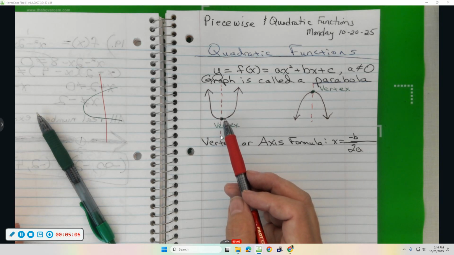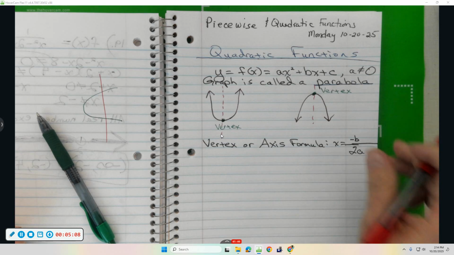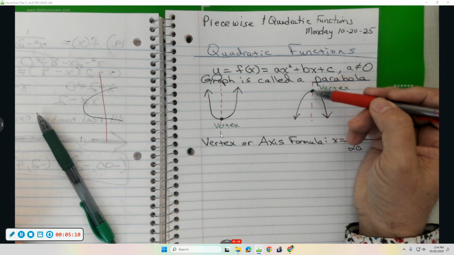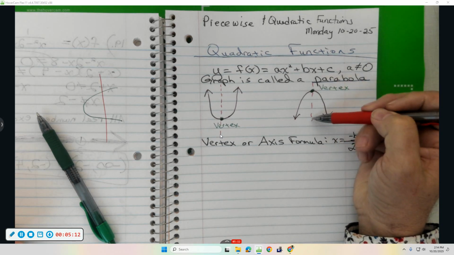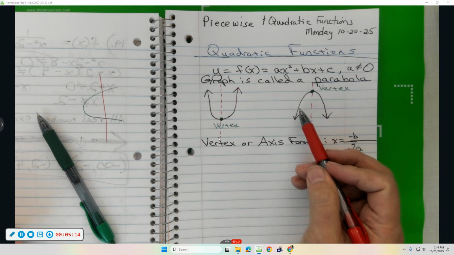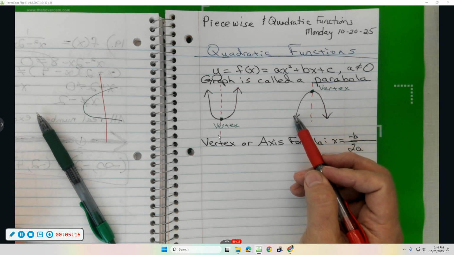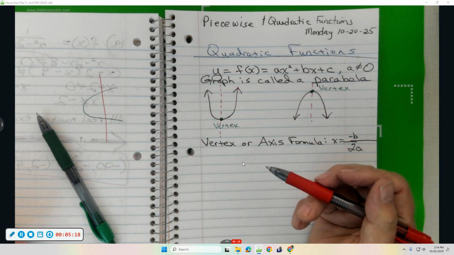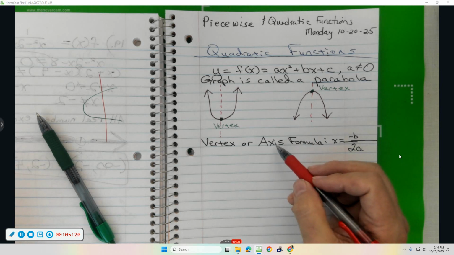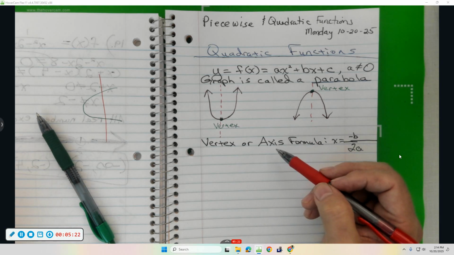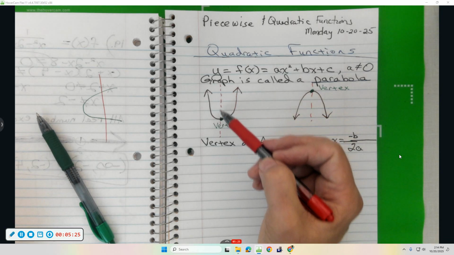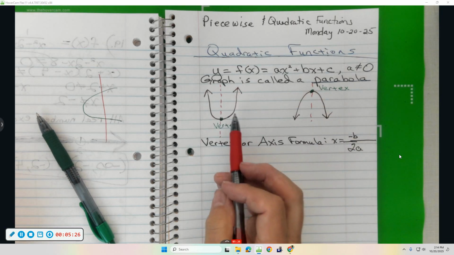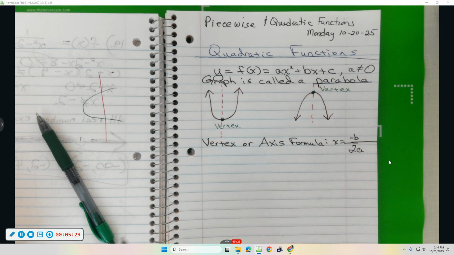If I could, I guess I could try to fold this paper down that vertical line, the right half would lie directly on the left half. So that's what we mean by the axis. It's technically the axis of symmetry. You fold down along that vertical line, the right half is the mirror image of the left half.